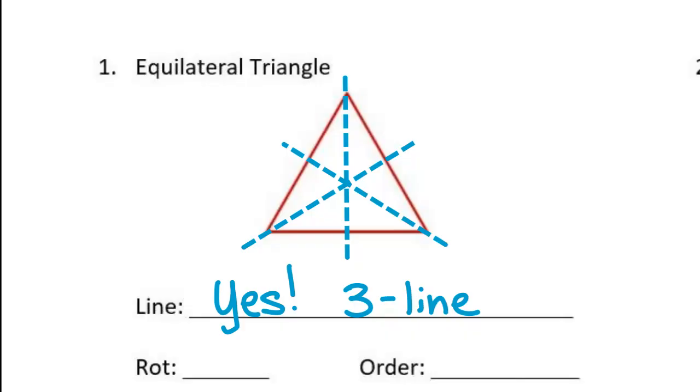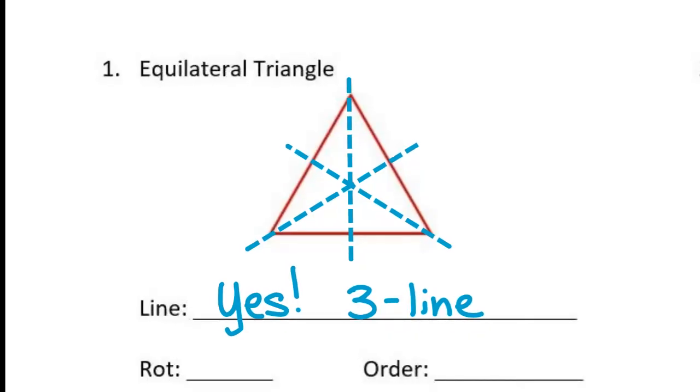Do we have rotational symmetry at all? Yes. How many times, if I start up at the top here, could I rotate this triangle around before I get back to the beginning where it lands on top of itself? Like how many stops can I make before I get back to the start? Well, if I rotate from this corner down to here, that'd be 1, right?